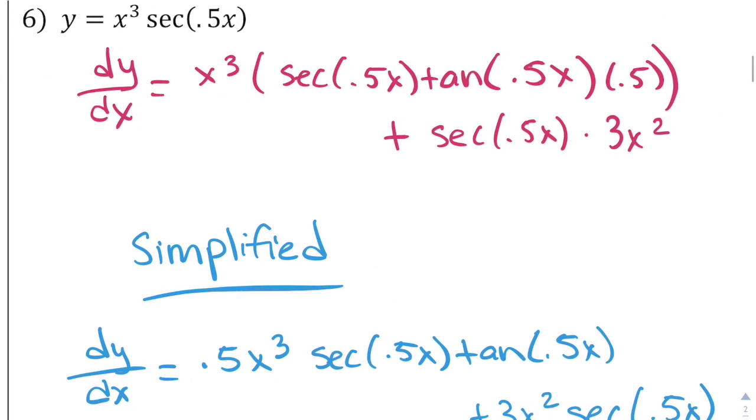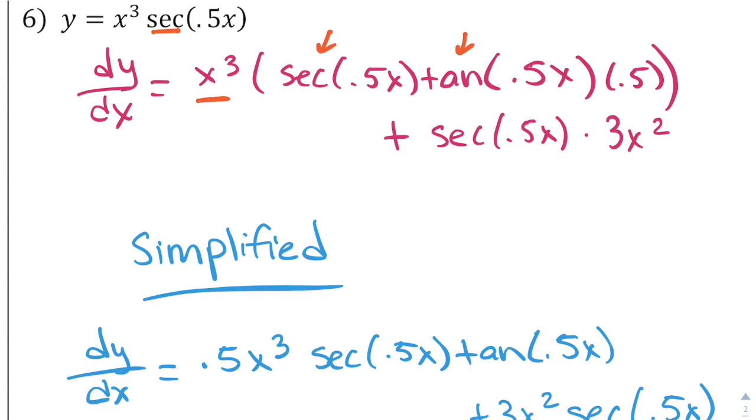All right, number 6. 6 has the product multiplication along with some chain that's going to happen here. So the first function is x cubed. The derivative of the second, the derivative of secant, is secant tan.